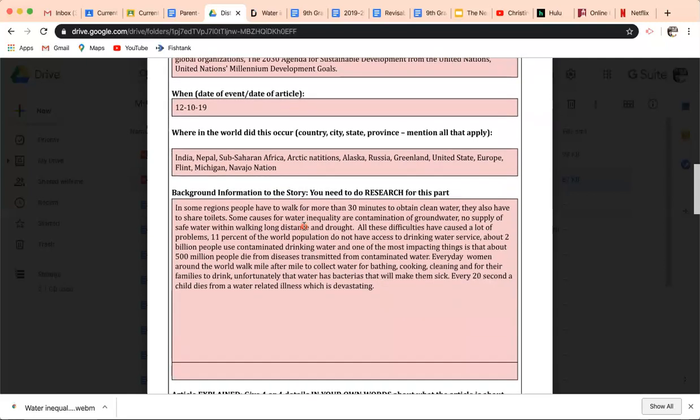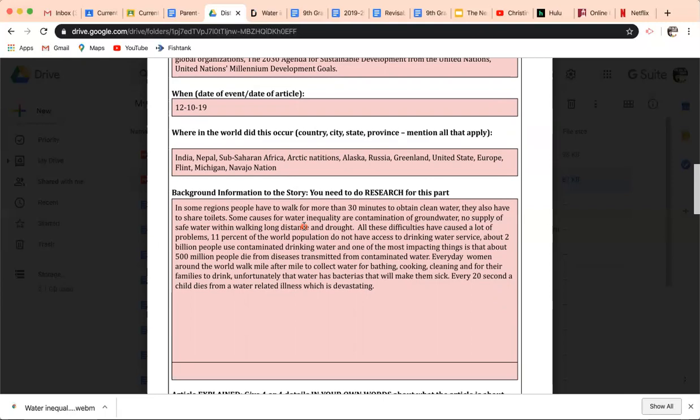Now, background information. Background information is where you do your own research. You go into Google, you go into YouTube, look for water inequality, look for feces, which means poop. I hope you define that. Go look for a video about feces in water supply and watch it and do some background research, okay?